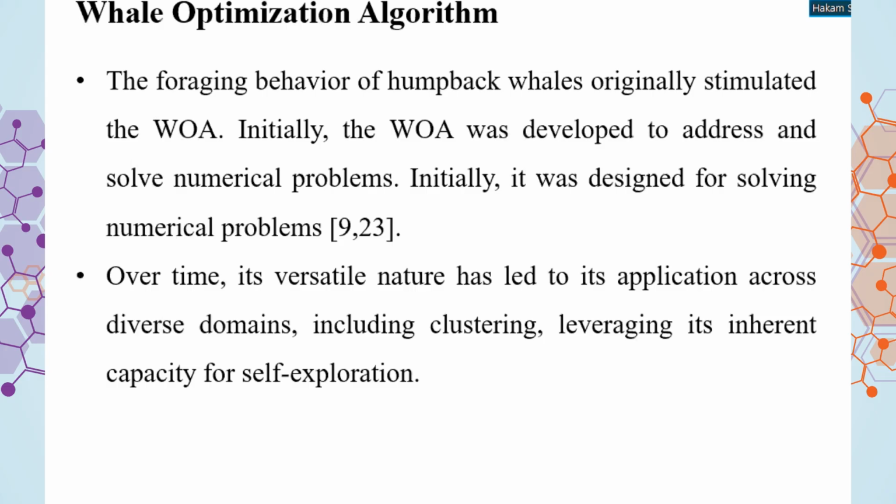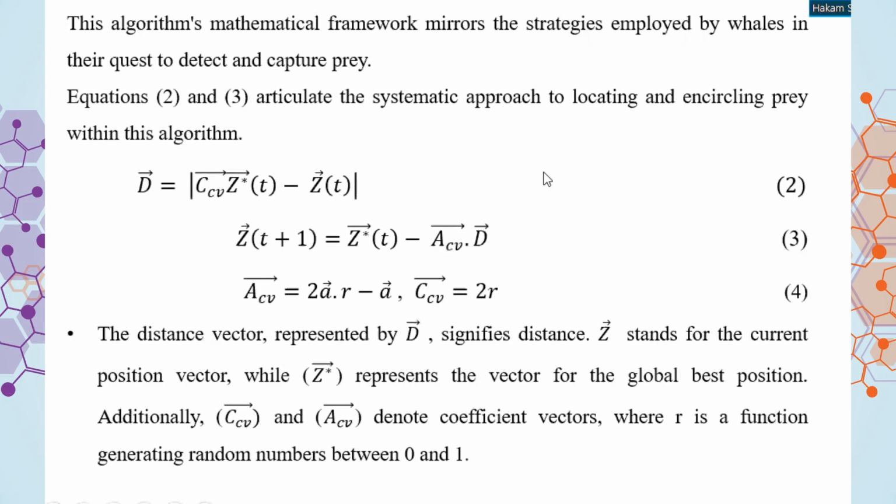Whale optimization algorithm. Mainly the whale optimization algorithm is based on the behavior of the humpback whales. Originally, when they are going to find their prey, they use some kind of techniques, and these techniques are mathematically formulated and represented in terms of mathematical formulas. Like in equation two, this is going to find out the distance.